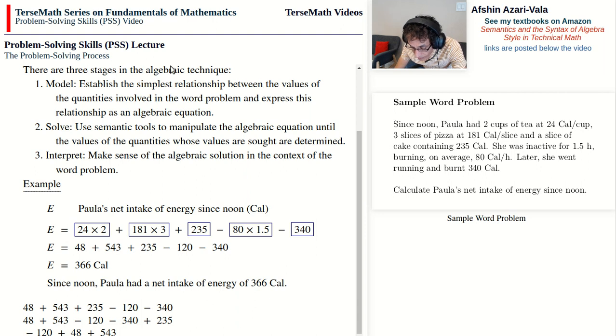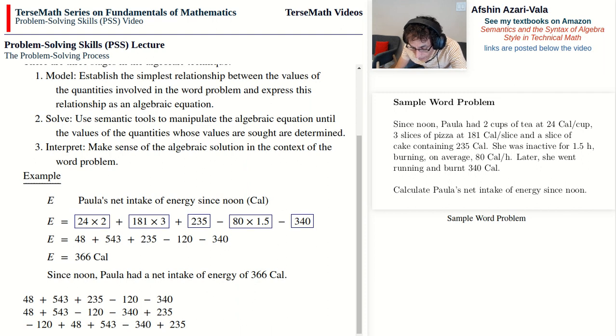I'm going to move two things: a loss of 120 to the beginning, and a gain of 235 to the end. So now we have minus the loss of 340, and then we have a gain of 235. Yeah. So you see, these again evaluate to the same value.